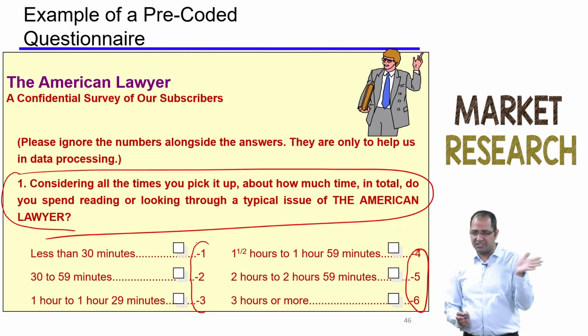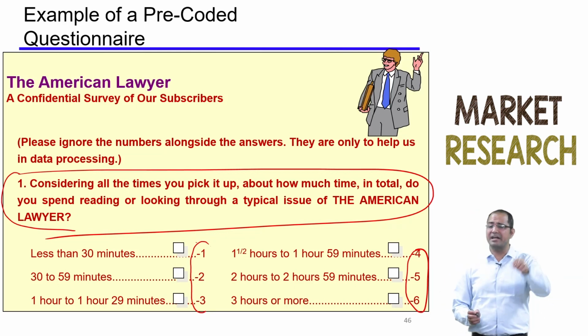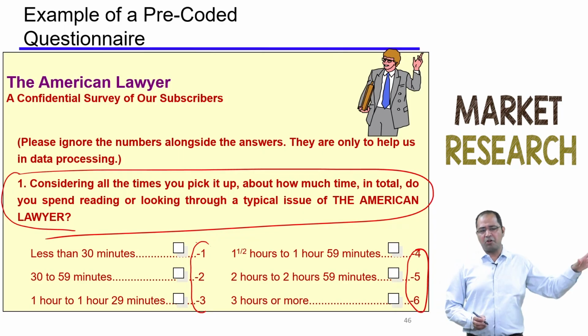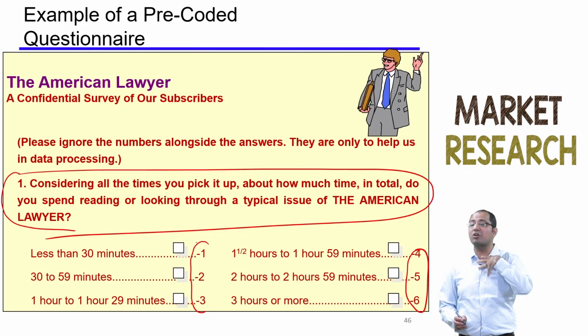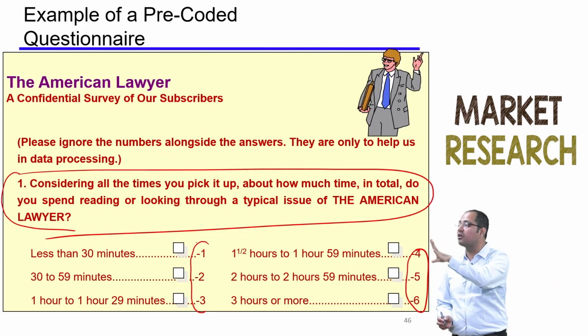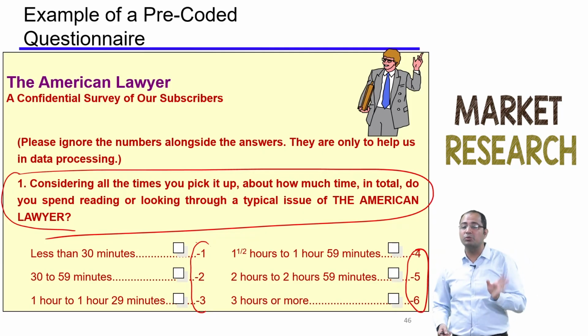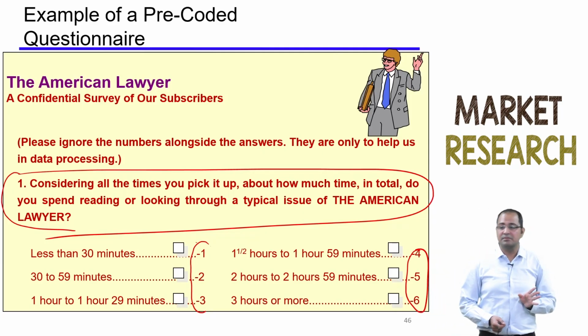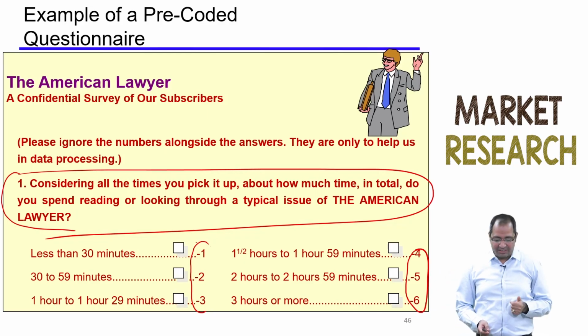Strongly agree 5, let's say, and strongly disagree 1. Even there, if you want to not have them, you need not have them. But in your copy, which you will use for your reference, have the codes also there, so that you remember what code to enter. Data entry otherwise will become a problem.